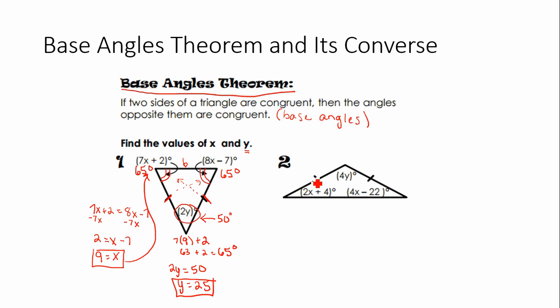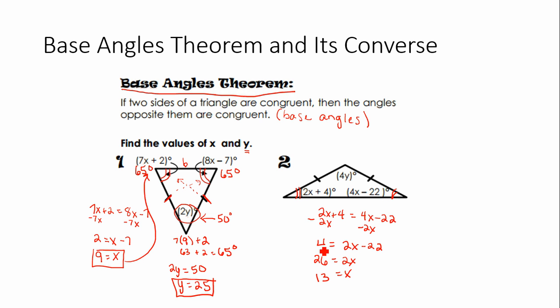Let's take a look at another example, example 2 here. The two base angles in this picture will be congruent. So 2x plus 4 equals 4x minus 22. And we'll go ahead and solve. We'd end up with 4 equals 2x minus 22. So if I add 22, I'd get 26 equals 2x. X is 13.